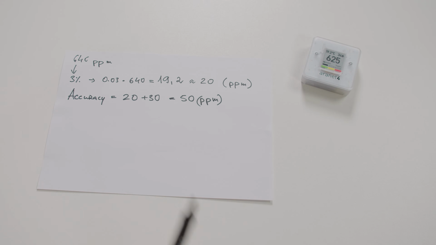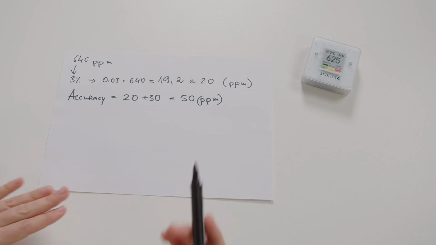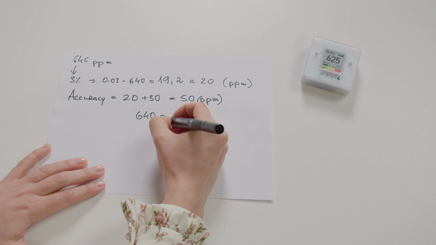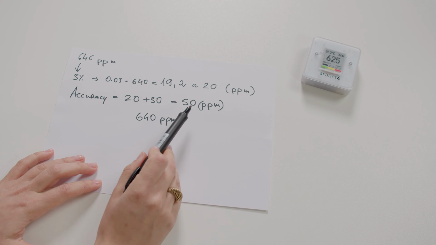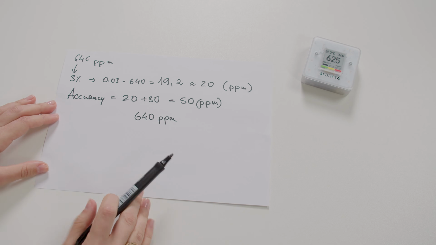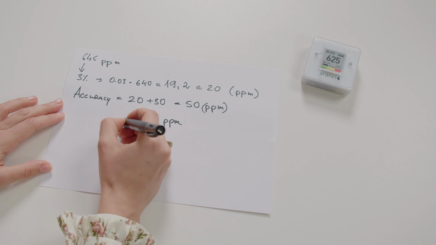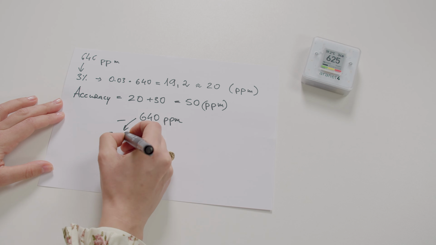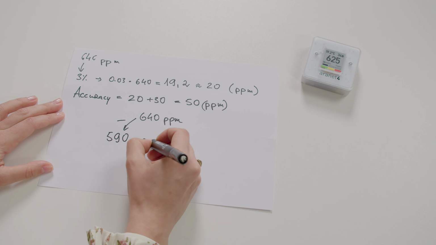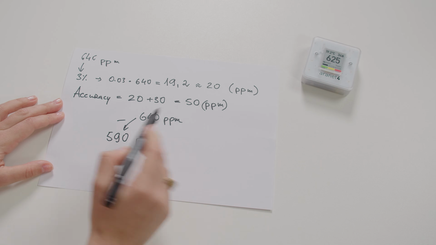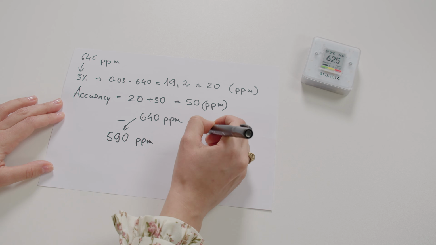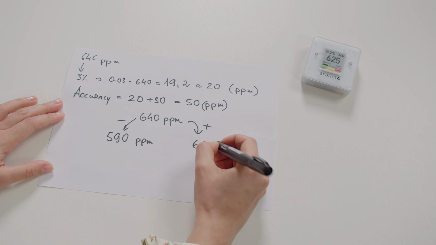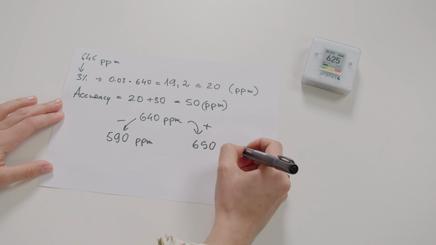So what does this mean? If we look at the original reading, which was 640 parts per million, if we subtract the value of accuracy from our reading, we get the value 590 parts per million. But if we add accuracy to our reading, we get the value 690 parts per million.